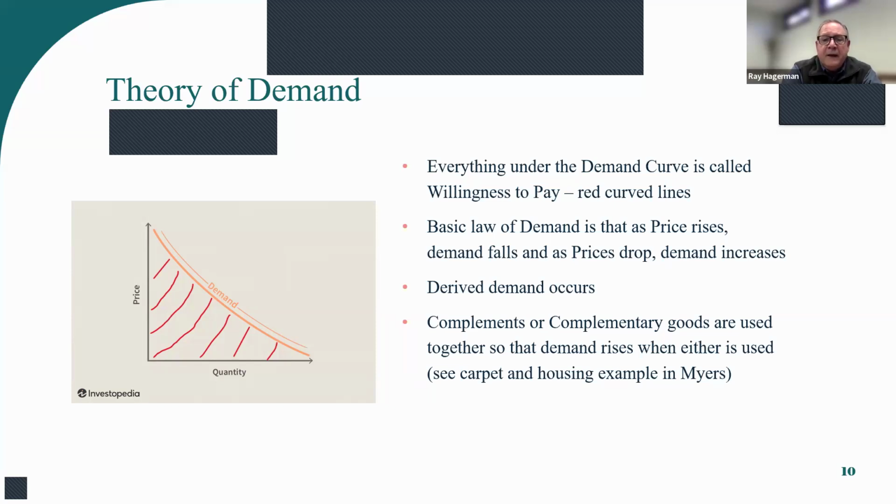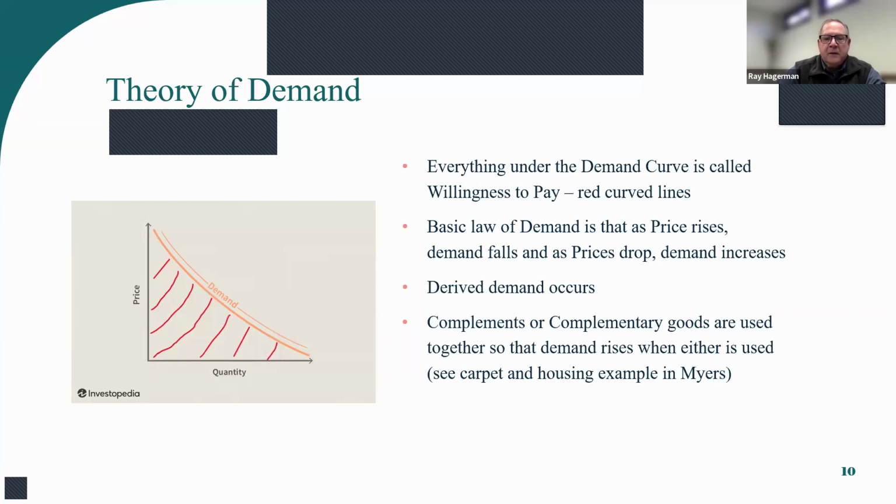Okay. Now, there's a derived demand that occurs too. All you need to know about that is that there are consumers out there that demand things, and price is an important piece of it, but sometimes there are some intermediate things that affect that demand, and the difference between what they're actually willing to pay and other things that might affect quantities is where you come up with a derived demand.